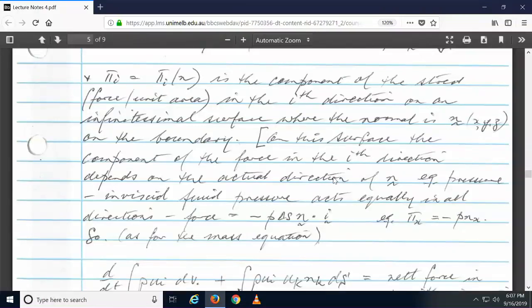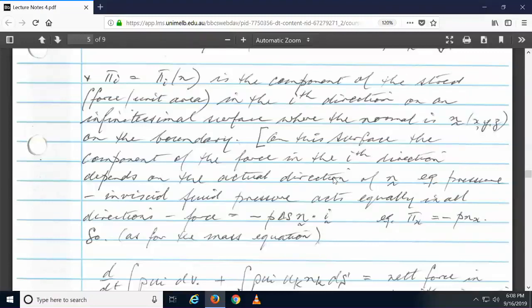How would I work out the force in the ith direction, in the x direction, for example? What would I do? I want to get the force in the ith direction. That's a unit vector, right? So it's this vector, which is a unit vector, times this vector, which is a unit vector. So it's the cosine of the angle between them.